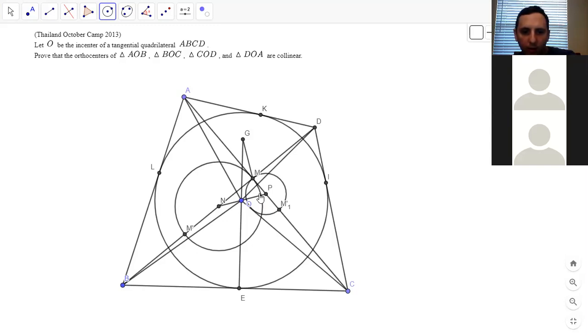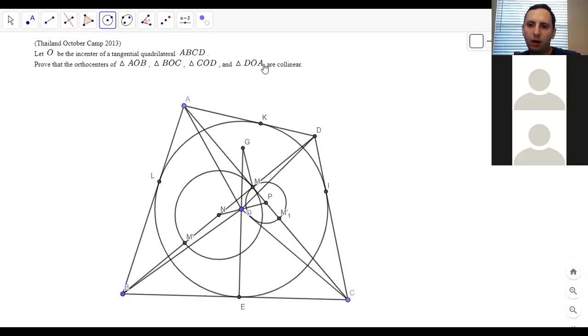So yeah, like pass through M. Yeah, can we make... see. NP is the Gauss line. Yes. Yeah, NP is the Gauss line. So if we could extend AB and CD, AD and BC.